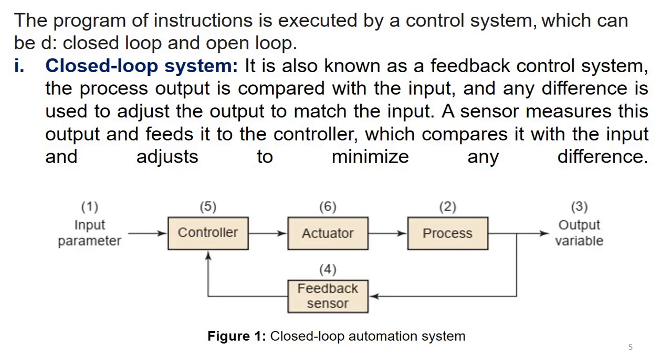The program of instruction can be executed by a control system, which can be divided into closed loop system and open loop system. In a closed loop system, we use a feedback sensor device to monitor the output of the process. So if we want to change the output, or make some changes, we monitor the output and accordingly change its value.